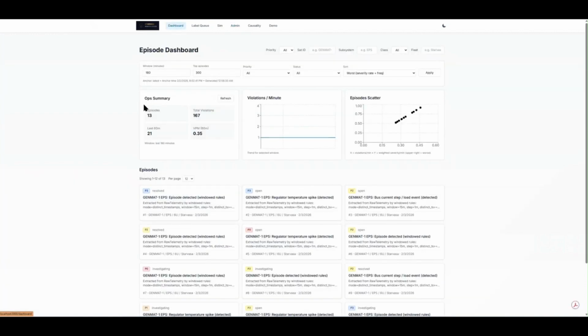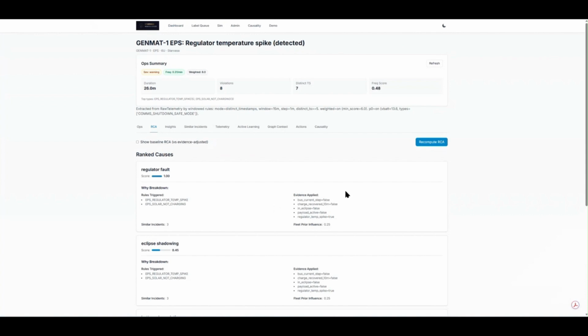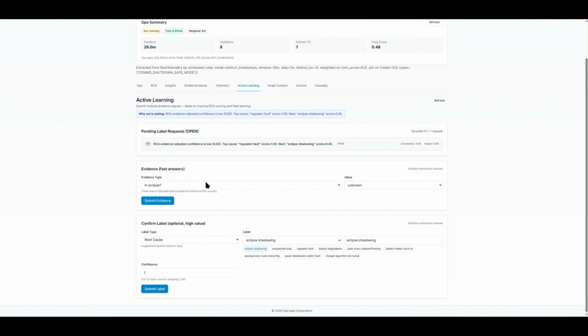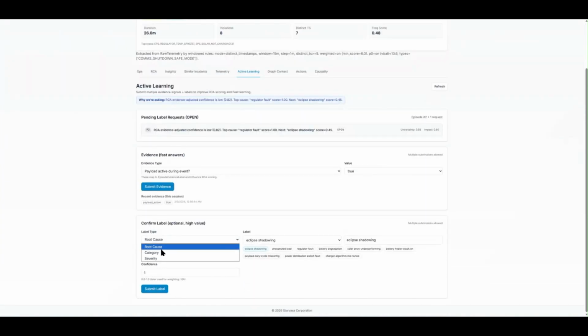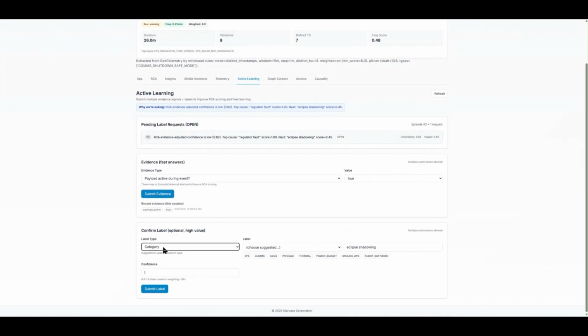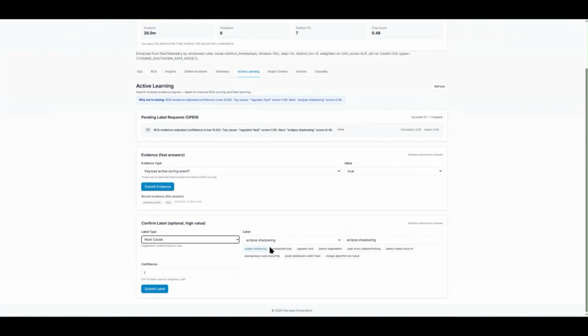Now the human can take the active learning thing. Again, the human is being asked to give some more evidence. They say active was actually true. Submit evidence. Root cause category, severity can be noted, or the root cause is specified, say unexpected load. I'm submitting the label.